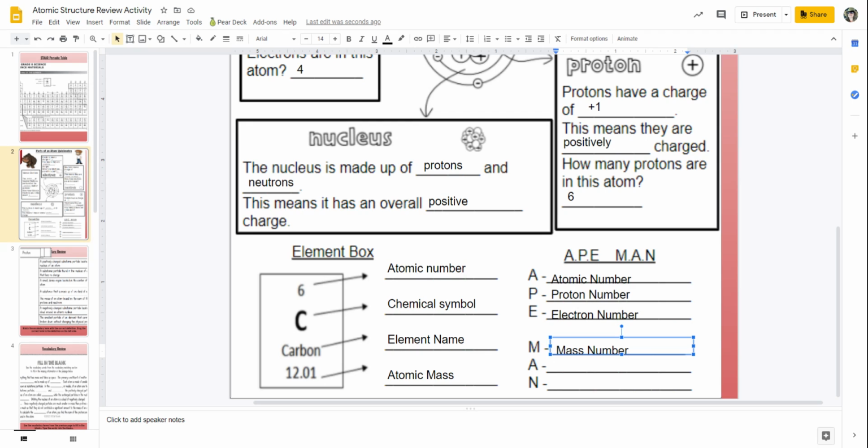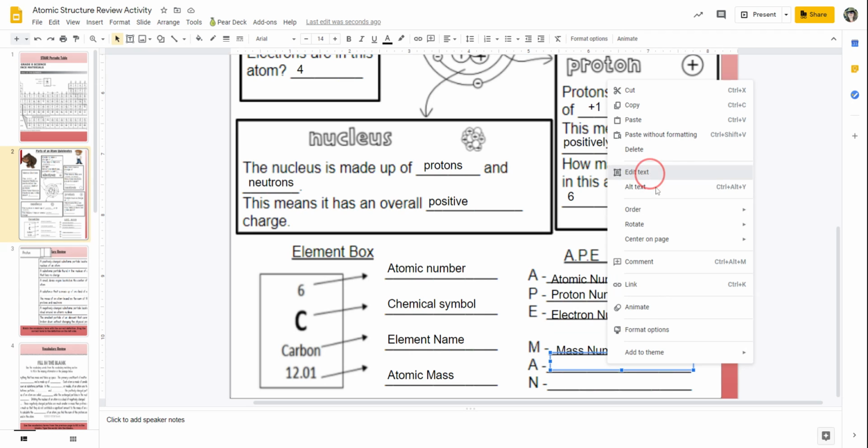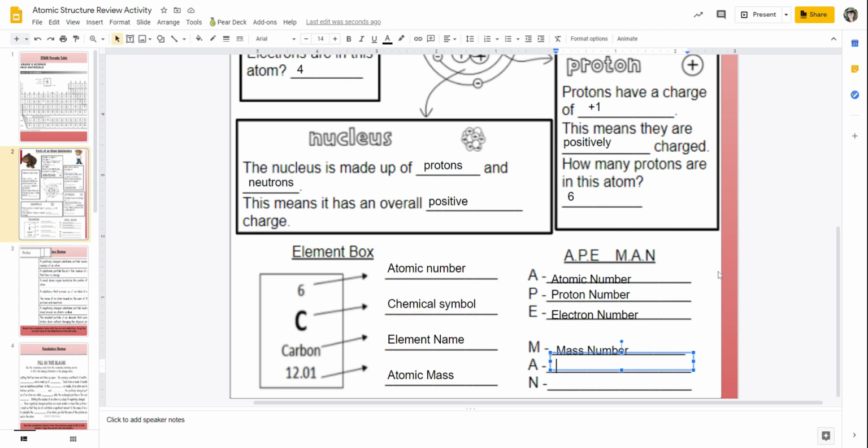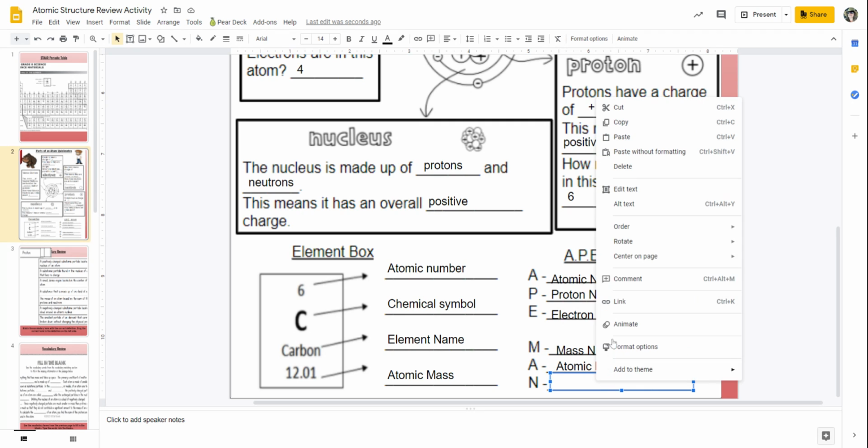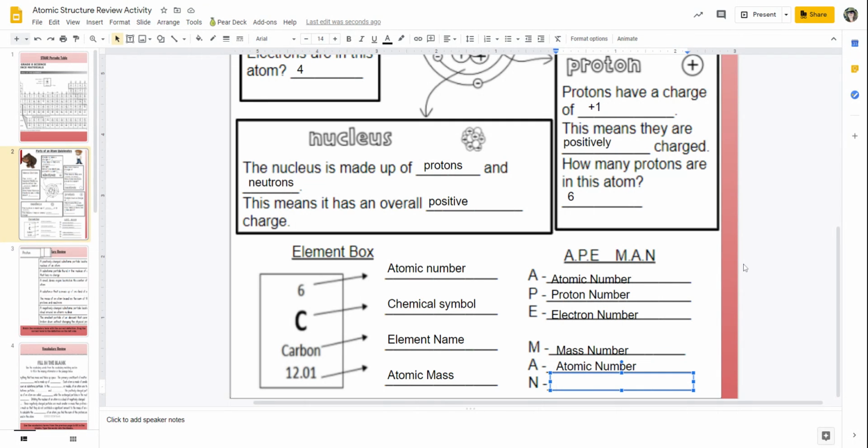We can't have a piece of a neutron, that's not possible. So before we can use the mass to find neutrons, we actually have to round it. And then we take the atomic number and subtract it from the mass, and that gives us the neutrons.